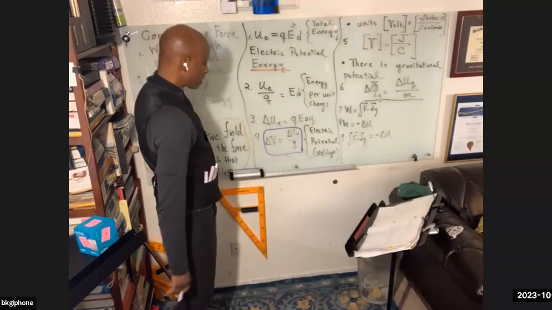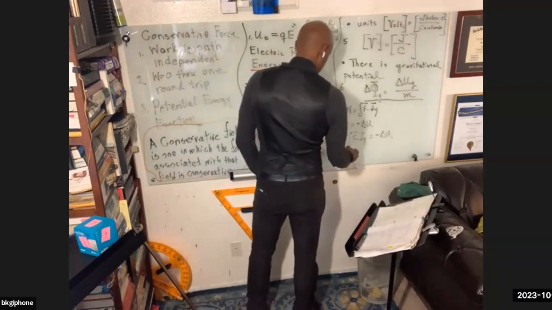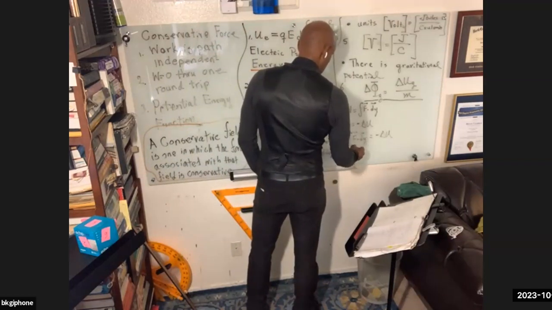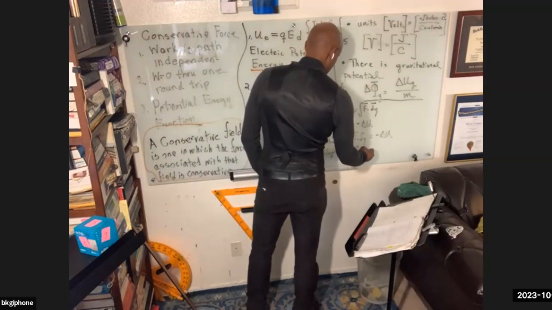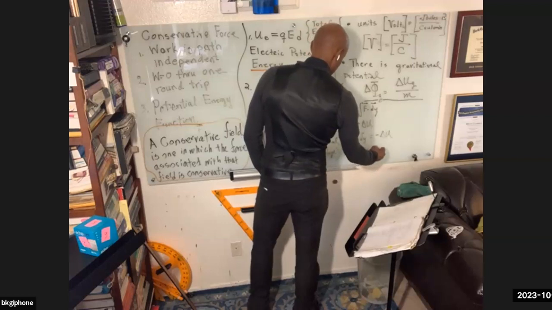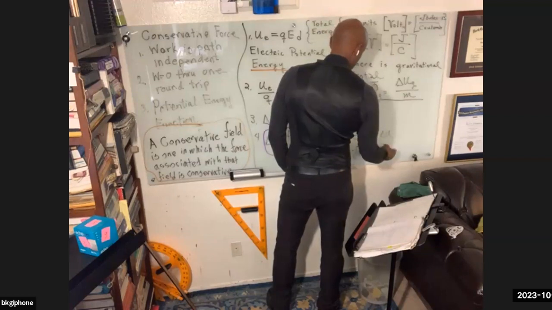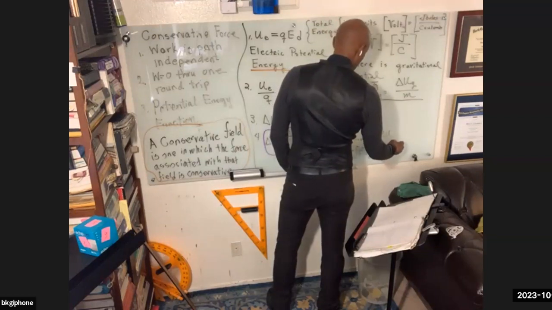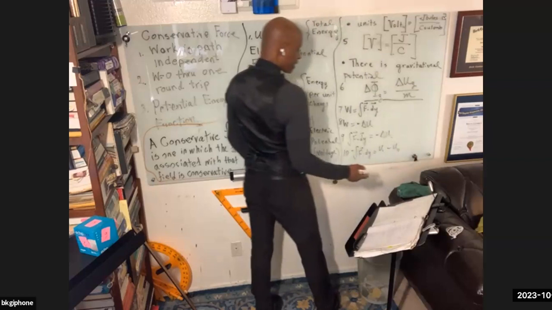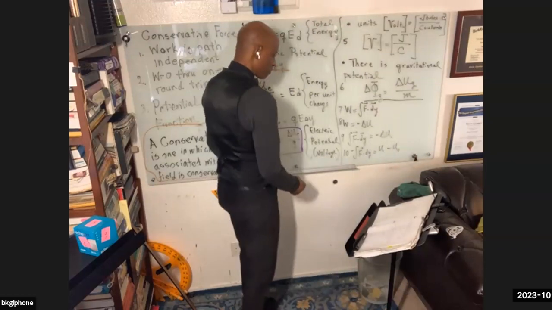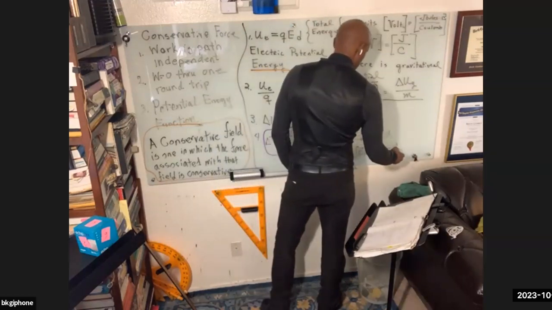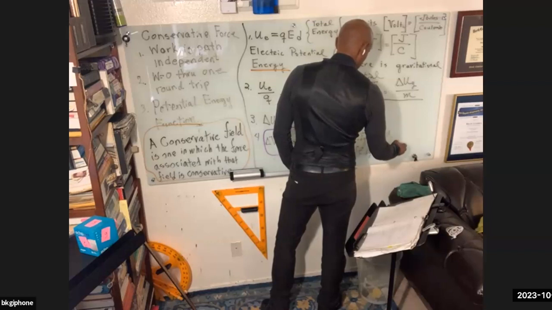I can bring the minus sign over, and I have minus the integral of F dot dy is equal to U final minus U naught. Now, in most cases, we define U naught as 0. I think this is going to give me what I want.